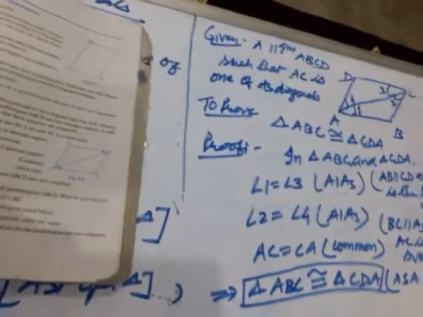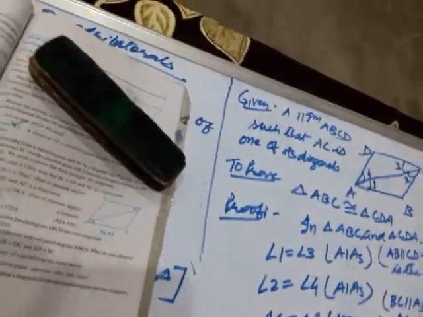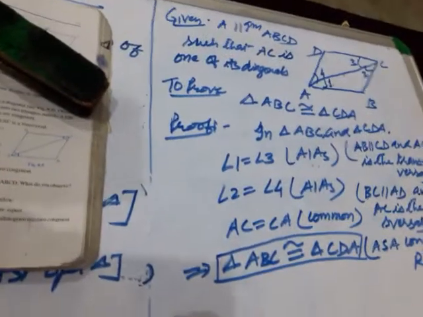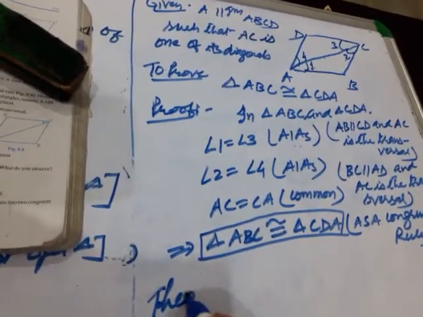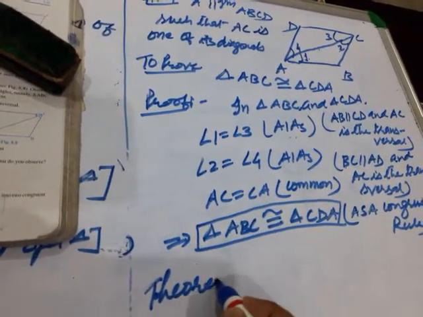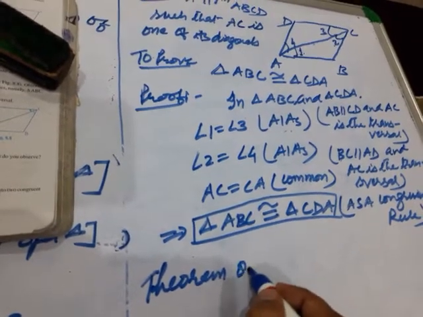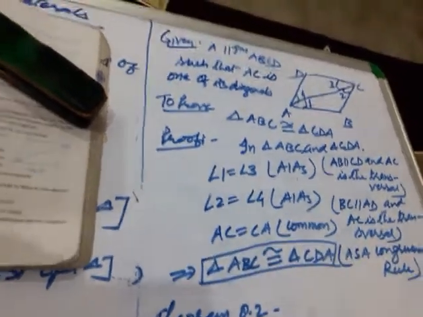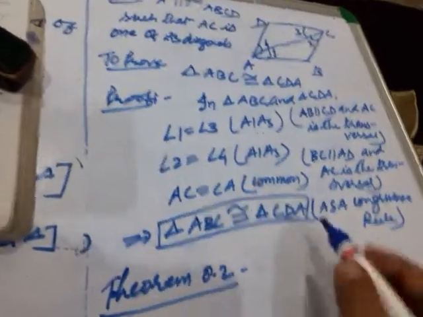Now let us see theorem 8.2. What is this? It states that in a parallelogram, opposite sides are equal.